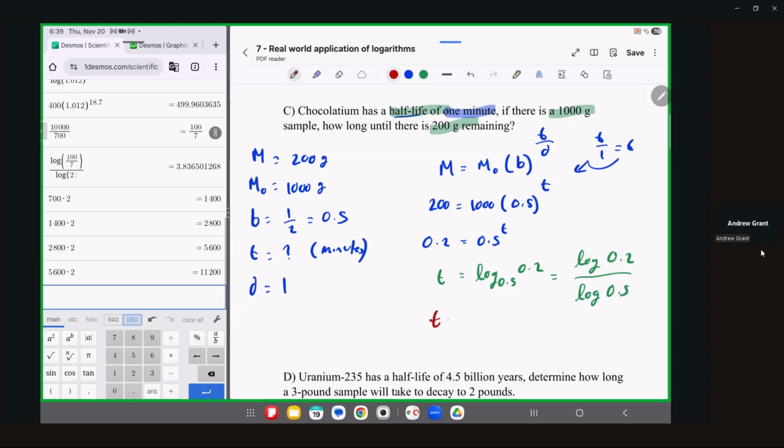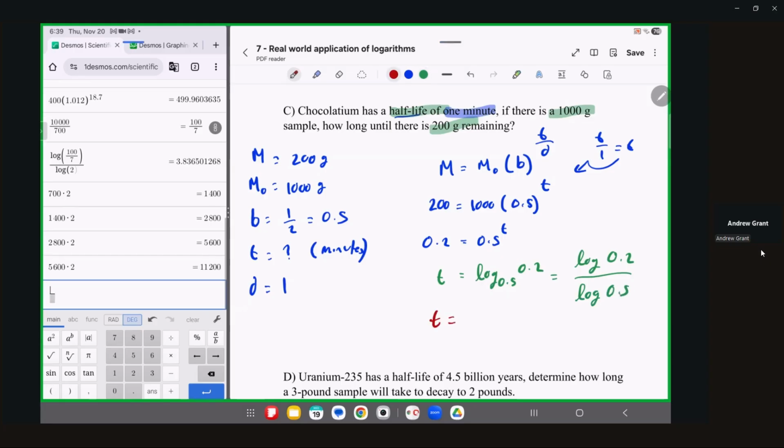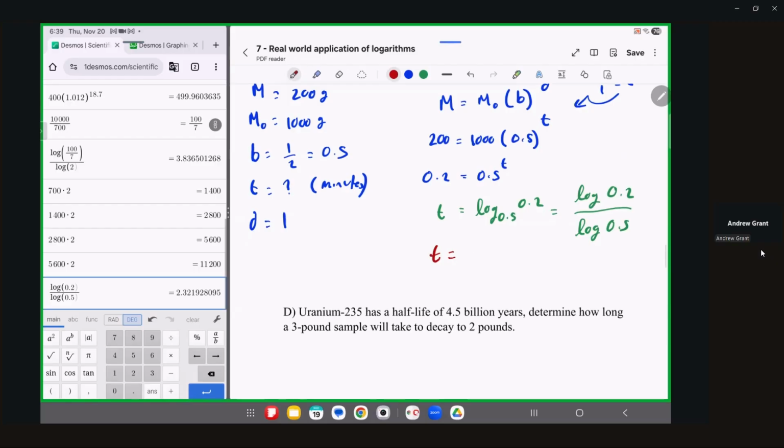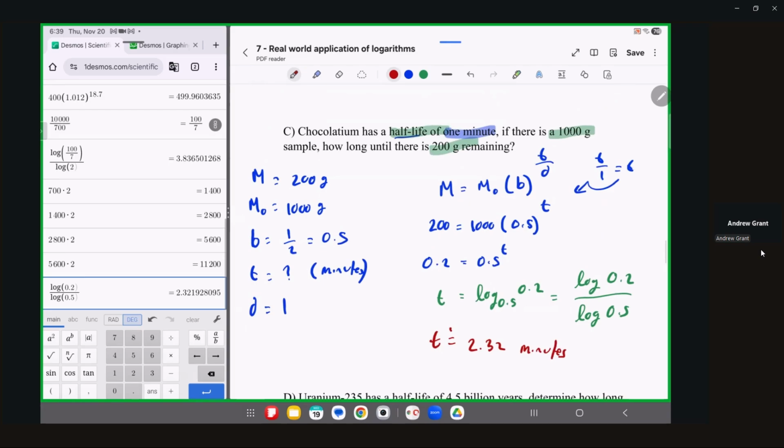And so we could type that in. So this will be log of 0.2 over log of 0.5. And so we get T is equal to about 2.32, and this is minutes. This answer seems to make sense, since half of 1,000 is 500, half of 500 is 250, so that's about 2 minutes, which looks good to me.